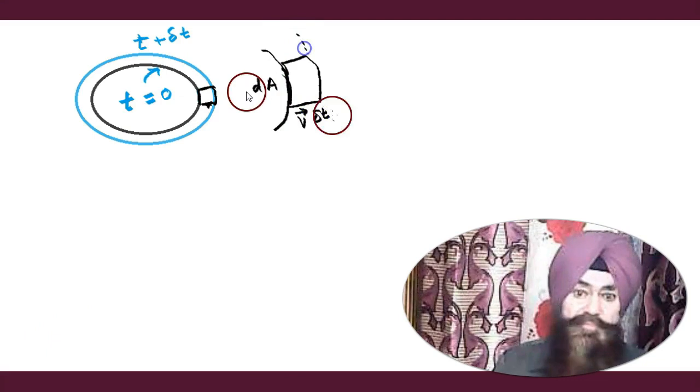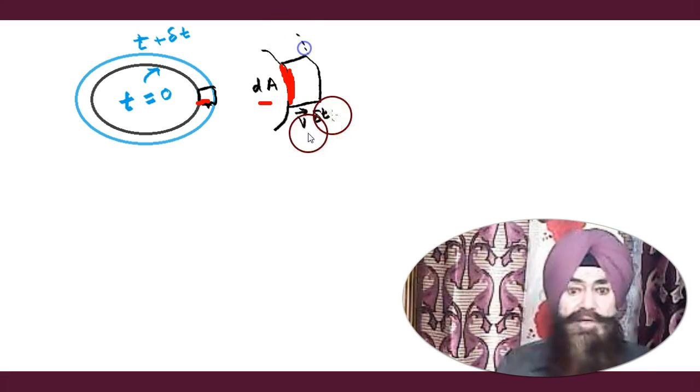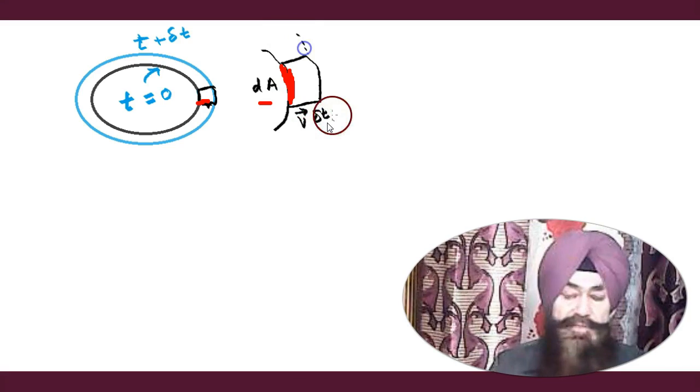Because I'm talking about volume, volume is area into distance. So this has area dA, and the height, meaning this distance. This distance is v vector delta t, because velocity into time is the distance.